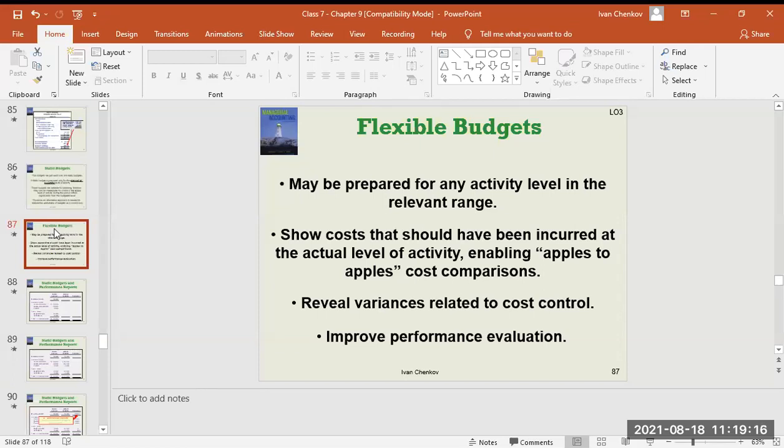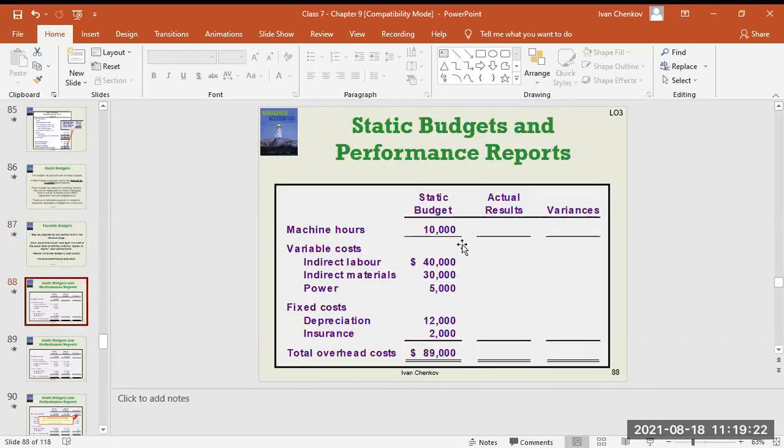But for the flexible budget, we're gonna use the same logic that we use for the static budget. So basically, we're gonna prepare a budget for 10,000 machine hours. But if our actual result is 8,000, then we can see the variance, which will be based on the machine hours used. But since we're using less machine hours, obviously our cost will be less.